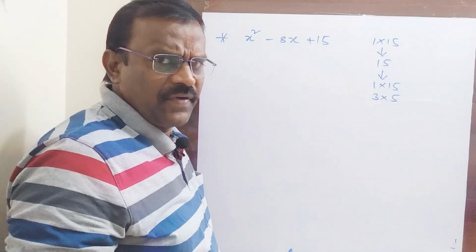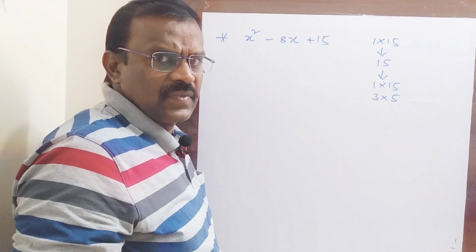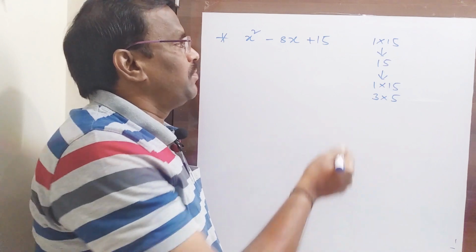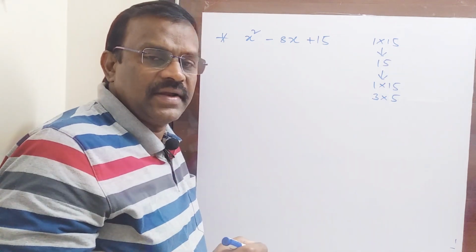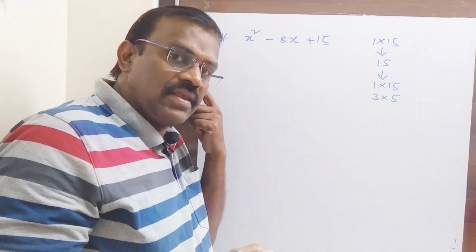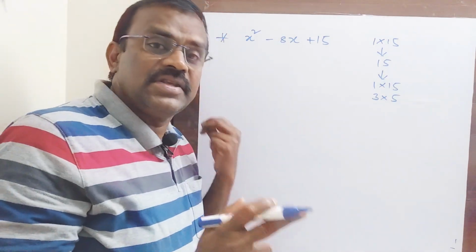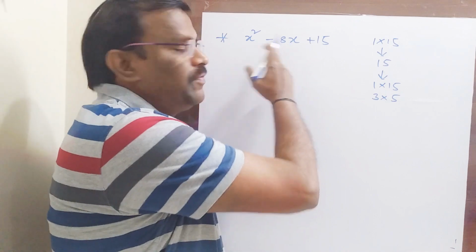Is there any other pair of factors? No. Okay. So from these two we have to choose one pair of factors whose sum is the coefficient of the middle term.